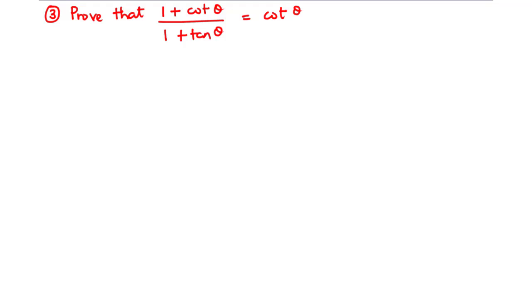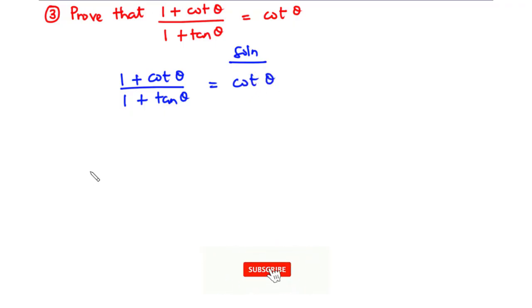Now let's solve this question together. Prove that 1 plus cot theta divided by 1 plus tan theta is equal to cot theta. So we have 1 plus cot theta divided by 1 plus tan theta equals cot theta.